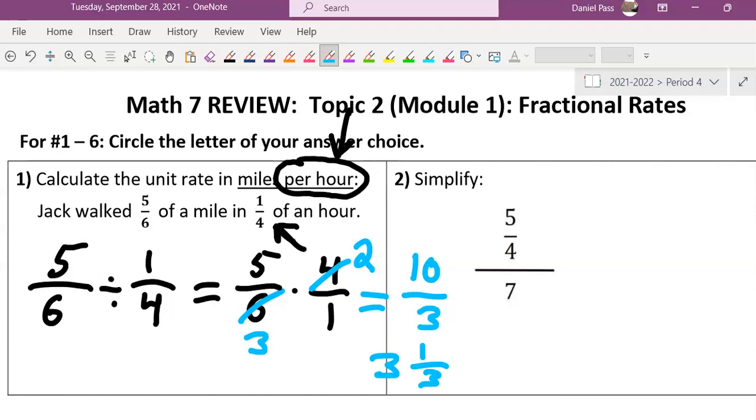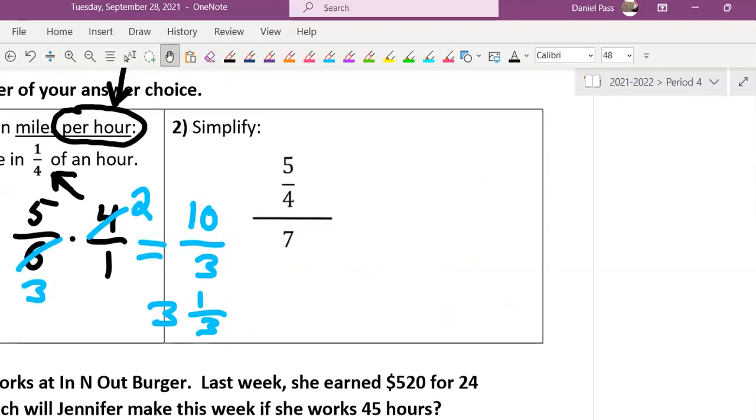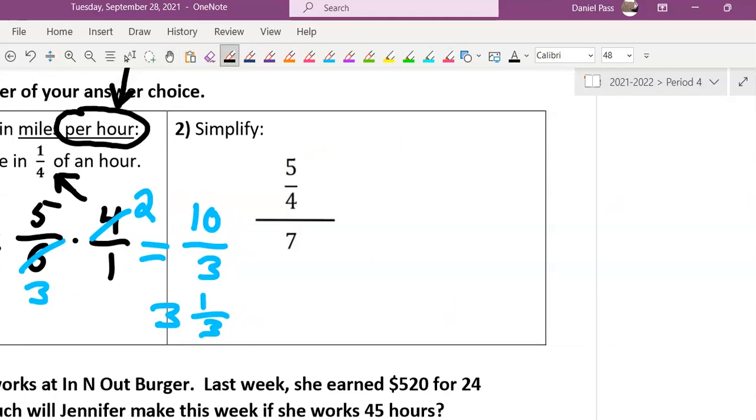All right, Emo SpongeBob. So, number 2. How did you do that problem? So first, I took the 7, then made it 7 over 1. Excellent. Then I put it next to 5 over 4, divided by 7 over 1.